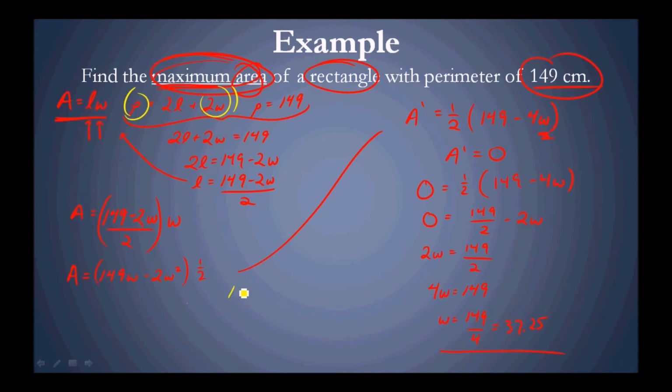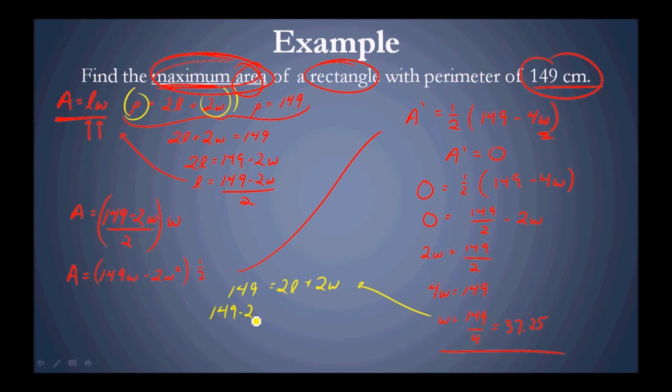So 149 is equal to 2L plus 2W. All we need to do is plug in W. So 149 minus 2 times W, which is 37.25, is equal to 2L.